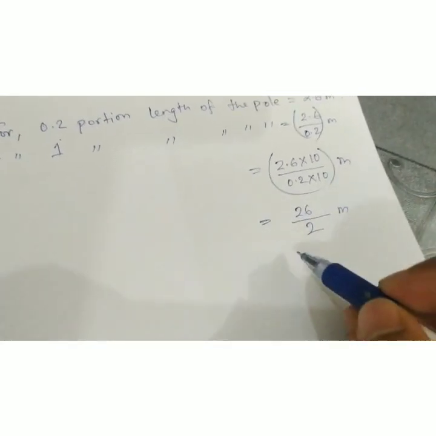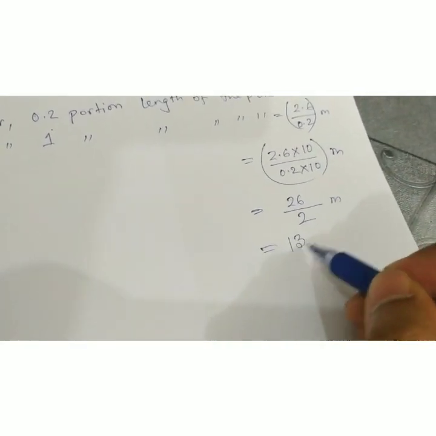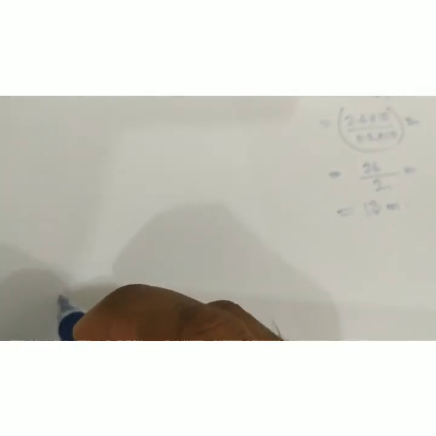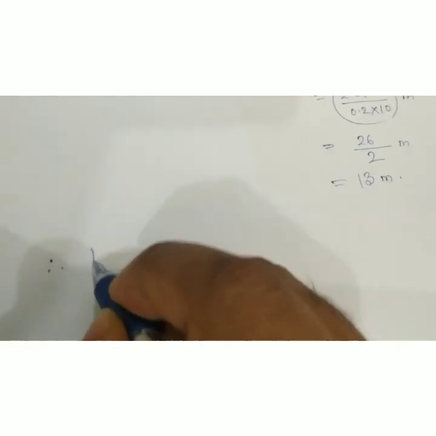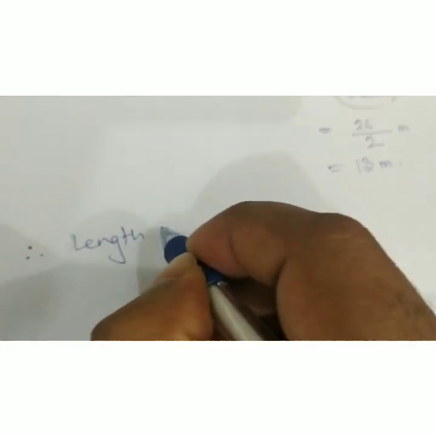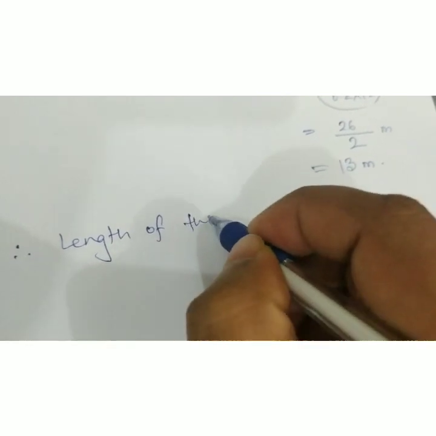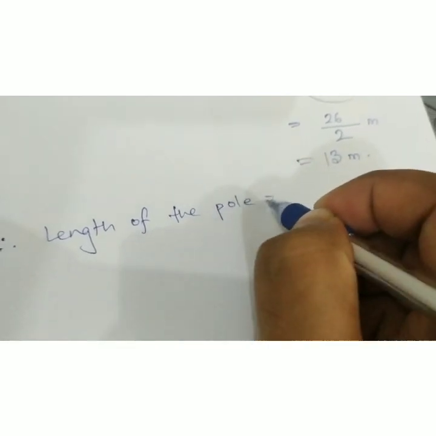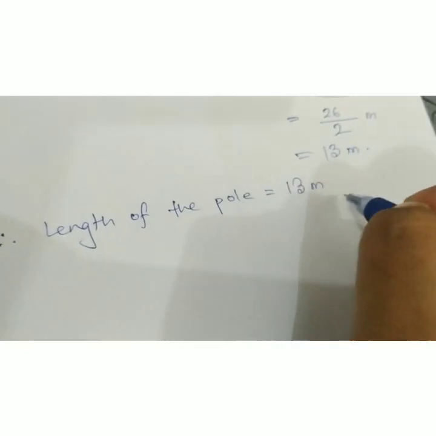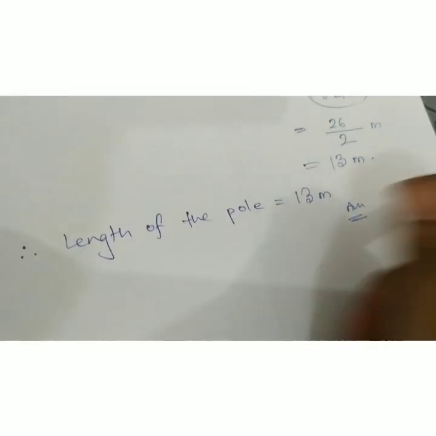So 26 divided by 2 is 13 meter. So we can write, therefore, length of the pole equals 13 meter. This is my answer.